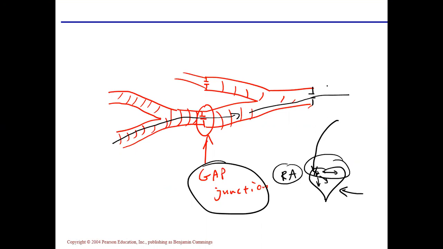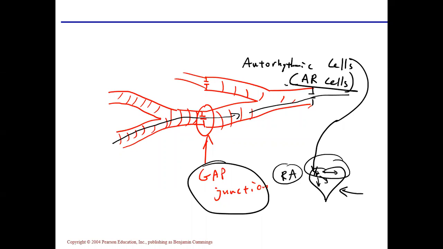They are known as autorhythmic cells. Autorhythmic cells, from now on, we're just going to abbreviate as AR cells. All right, it's easier to refer to that.